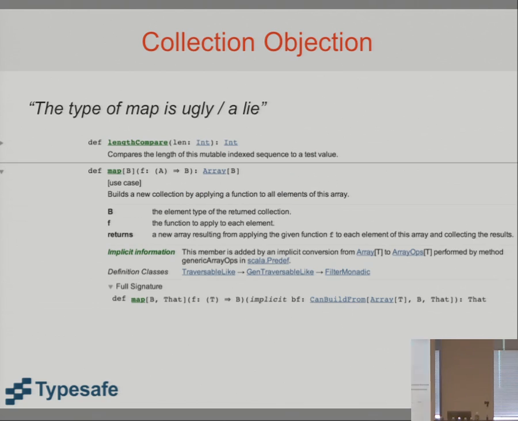So let's look at what hides behind the use case. Okay, here's the full signature. There comes a nice explanation of what it does, but then comes the full signature, which says, well, actually what map takes is not 1 type parameter, but 2. And then there's this implicit BF, a CanBuildFrom, from one to the other.